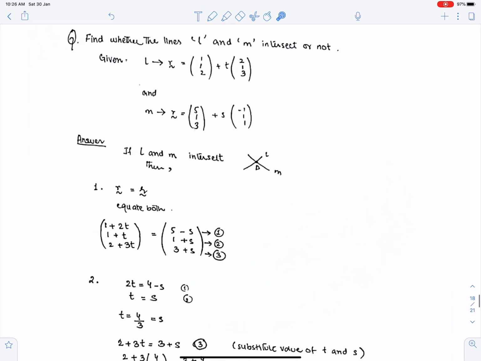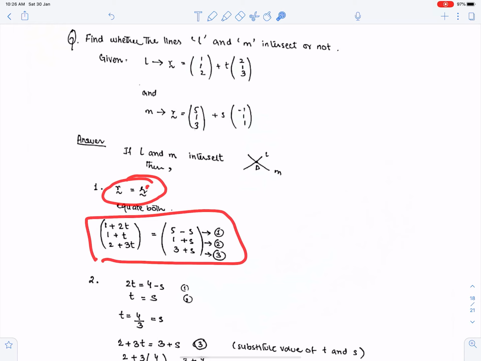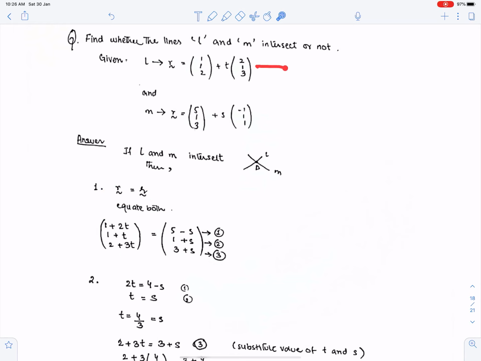Now, by equating these two R's, we have these two equations. This is the R of the first equation and this is the R of the second equation in the simplified form. We added these two vectors. So now we have 3 equations, 1, 2, 3.